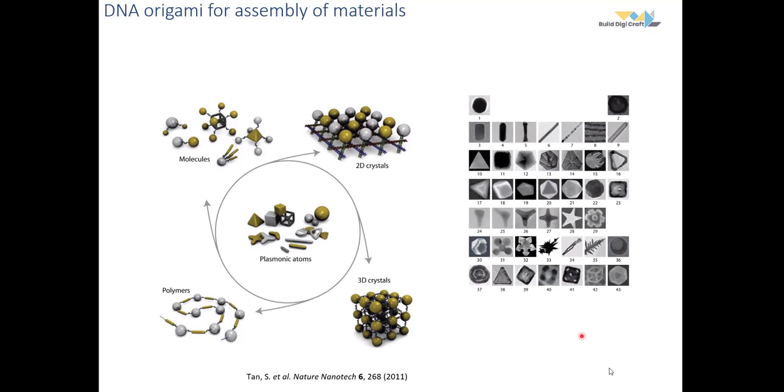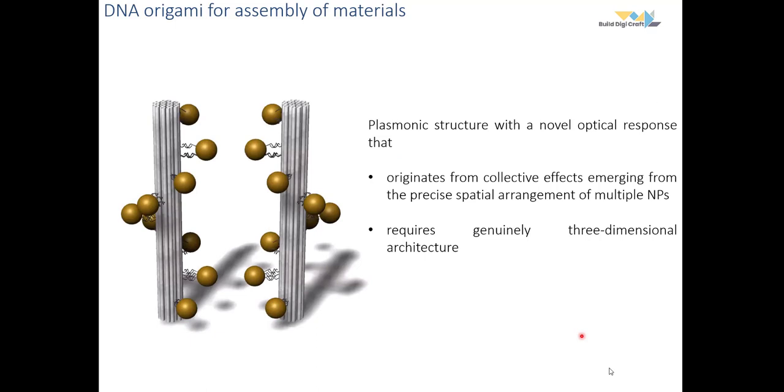How do we arrange these nanoparticles into specific structures, and hopefully, how do we get new properties coming from this precise arrangement? This is actually one of the reasons why I'm at Aalto doing what I do, because around 10 years ago, we decided, okay, let's build a structure using the DNA origami approach. The structure should have certain prerequisites.